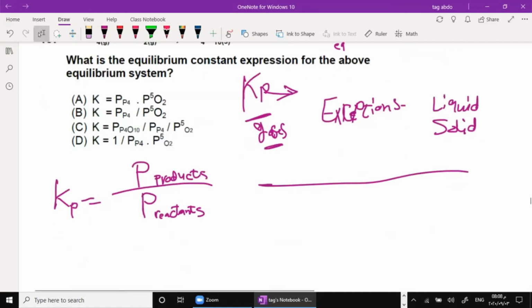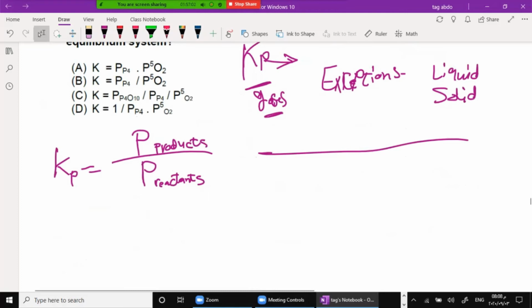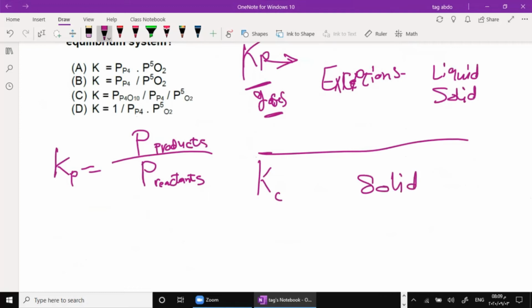If you calculate the equilibrium constant in terms of concentration, the exceptions will be solid substances and liquid water in reactants. Because liquid water in reactants and solid substances, their concentration or partial pressure is constant and equal to 1.